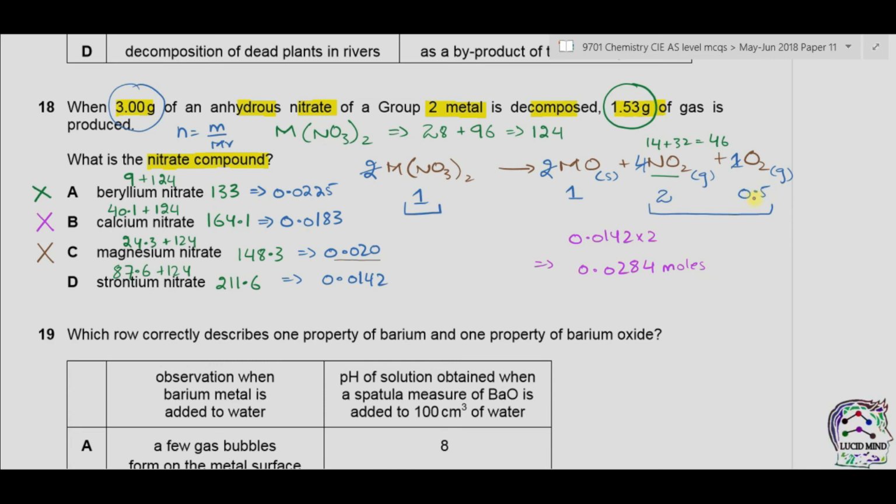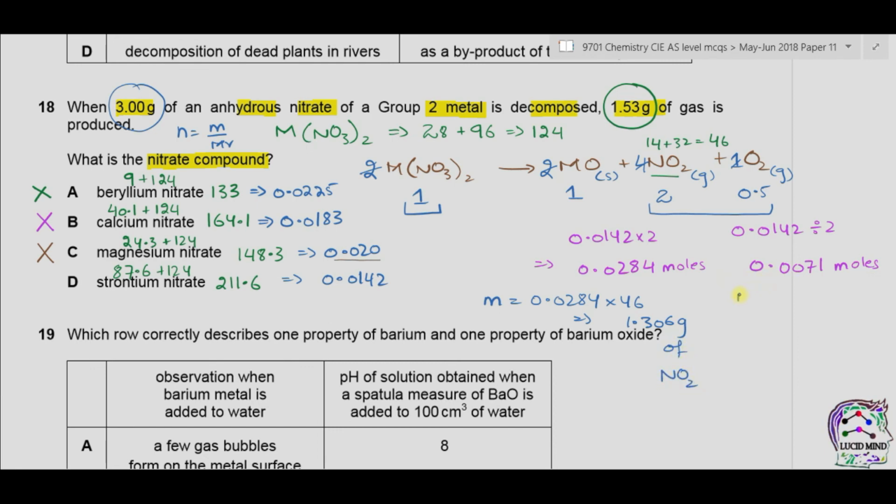And for oxygen the number of moles will be half, as it is 1:0.5, so 0.0142 divided by 2 comes equal to 0.0071 moles. Let's find out the mass. Mass is equal to moles into Mr. So it comes equal to 1.306 grams of NO2.